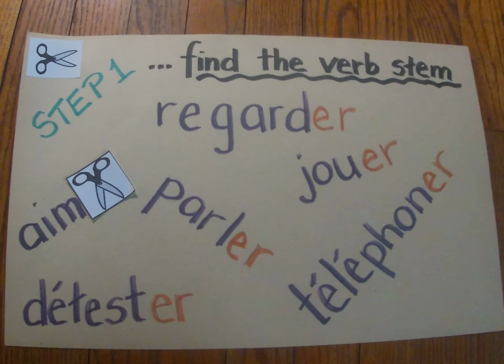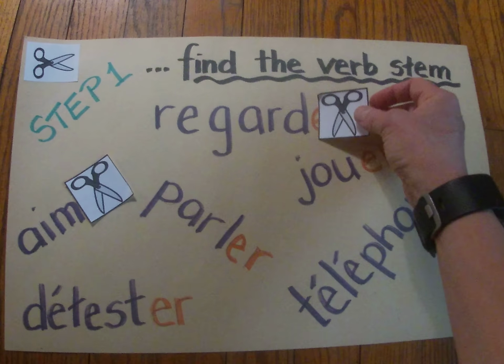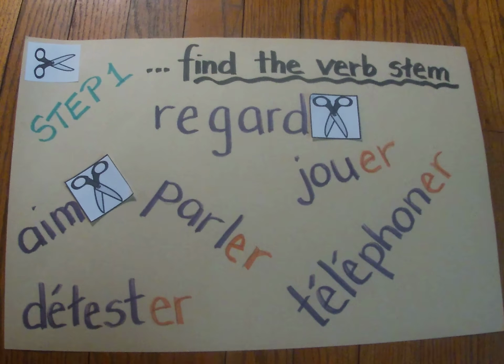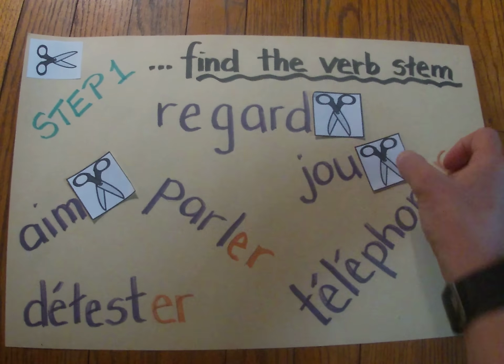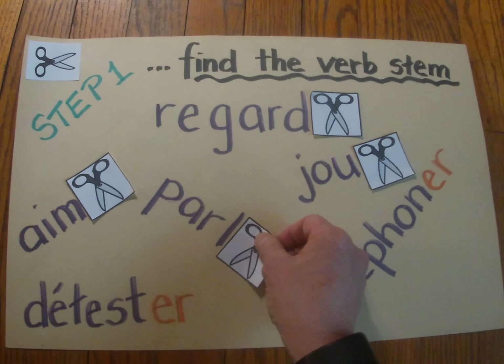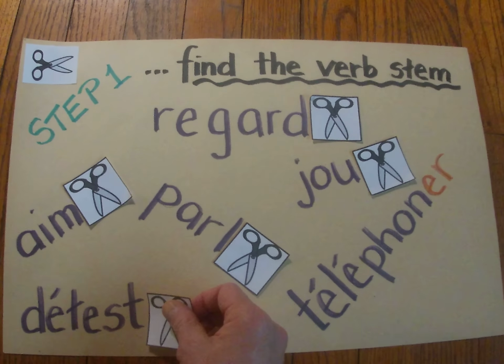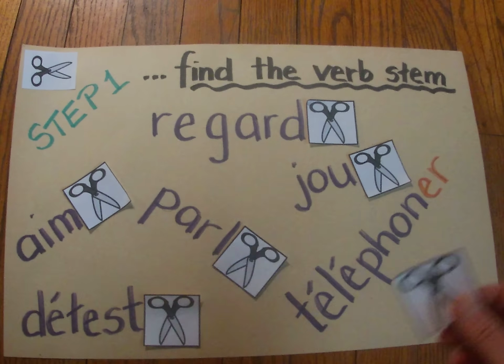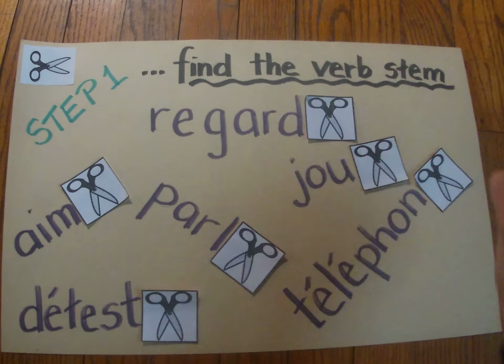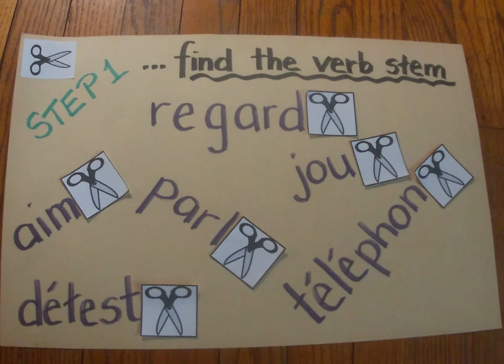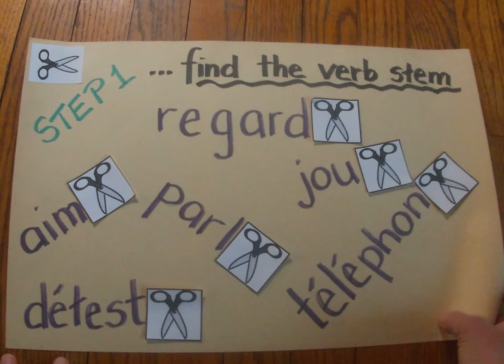So for aimer, it's aime. For regarder, it's regarde. Jouer, it's joue. Parler, it's parle. Détester, it's déteste. And téléphoner, it's téléphone. Now you have your verb stems. Now let's have a look at step number two.